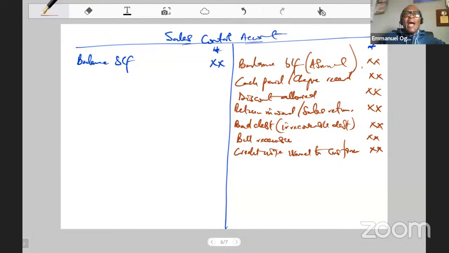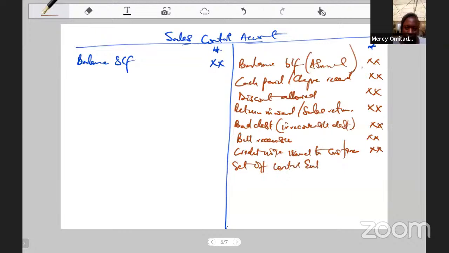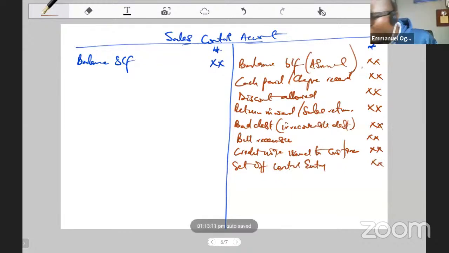If there's a case whereby I am owing Mercy, and Mercy decided to show up in my place to buy something, Mercy can say, please, I can't pay now, but remember that you are owing me. We call it set off, and that is a contra entry, which means you are going to see it in the purchase ledger.